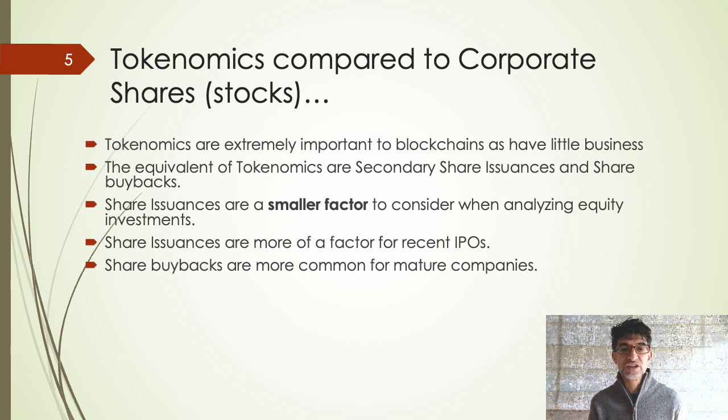That's what people are looking for. They're looking at the quarterly earnings reports, but not for crypto projects. Tokenomics is one of the most important factors for crypto analysis. That's the most important thing you should get out of this slide.